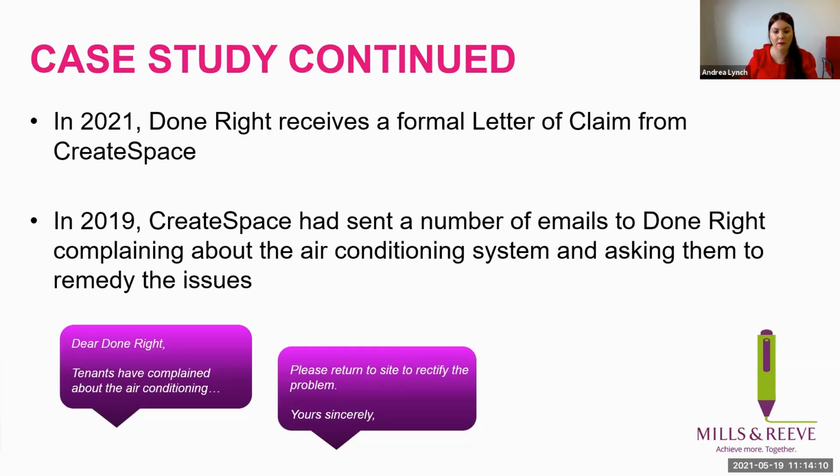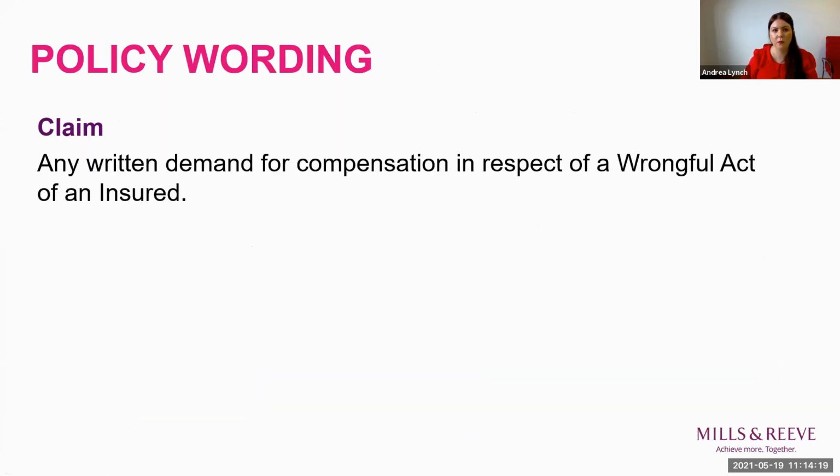Done Right had ignored these emails as there was no mention of a claim and they had simply thought the issue had gone away. So before we turn to the next question, it's important to look at the policy wording as to how a claim is defined. In the Done Right professional indemnity policy, a claim is defined as any written demand for compensation in respect of a wrongful act, often insured.